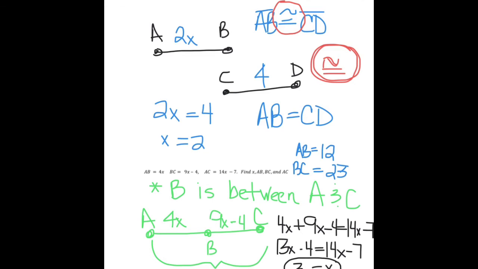Okay, and AC, I'm going to squeeze that down here. AC is 14x minus 7. Well, 14 times 3 is 42. Minus 7 is 35. And I certainly hope that AB plus BC, 12 plus 23 equals 35. And it does. That means that we figured it out correctly, okay?